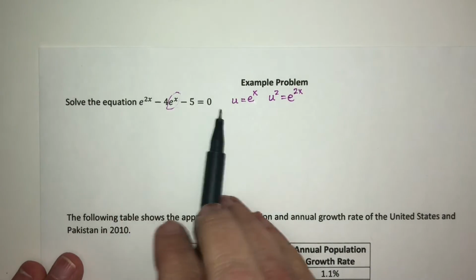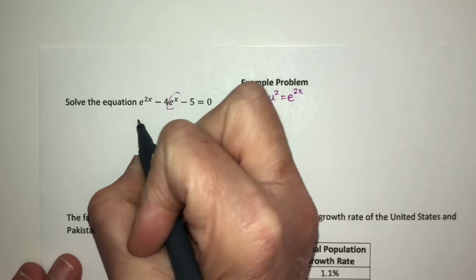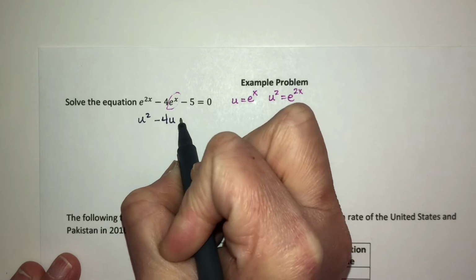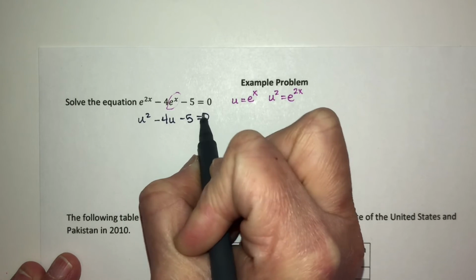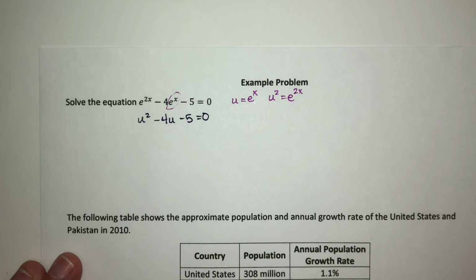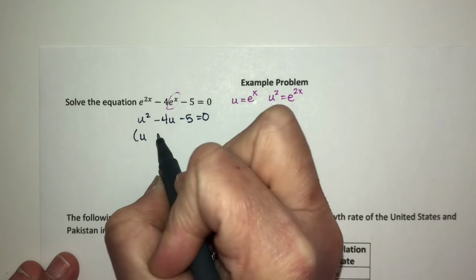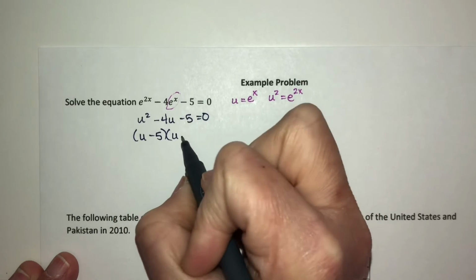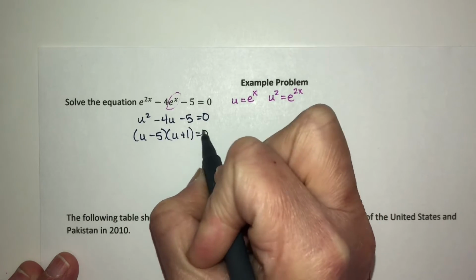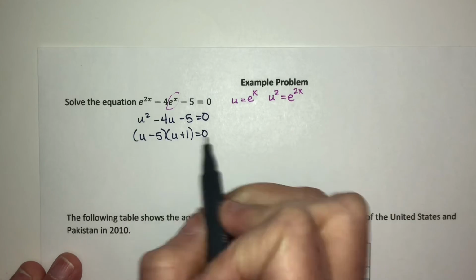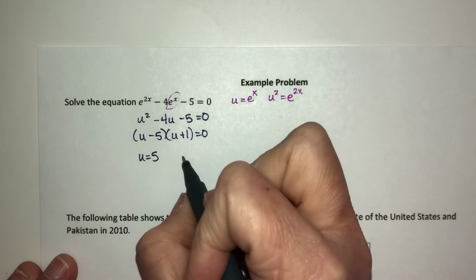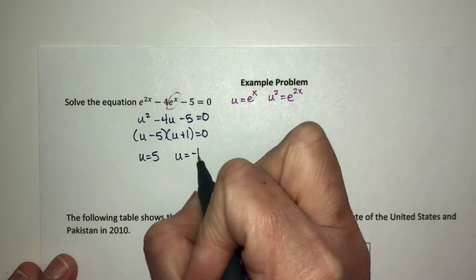That means this equation can be rewritten as u squared minus 4u minus 5 is equal to 0. And this is a simple quadratic that factors as u minus 5 times u plus 1 equals 0. And then setting each of these equal to 0, I get that u equals 5 and u equals negative 1.